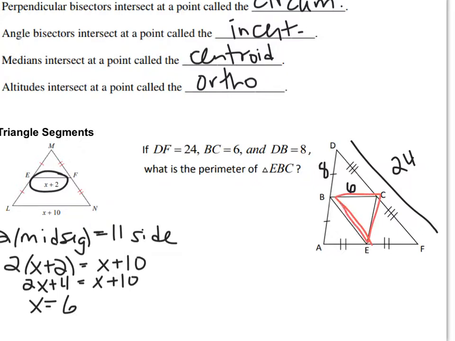Okay, so it needs the little guy. All right. So if this long side is 24, that means the parallel side on the inside is half of that, so 12. And then they already gave me the small piece there, so this one is also going to be 8. So 12 plus 8 is 20, plus 6 is 26.